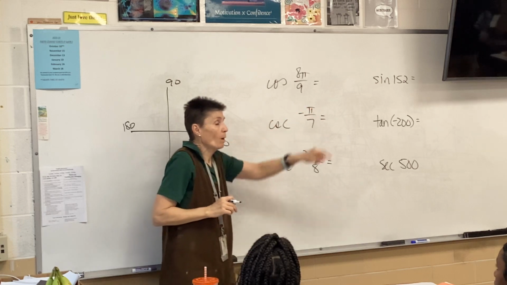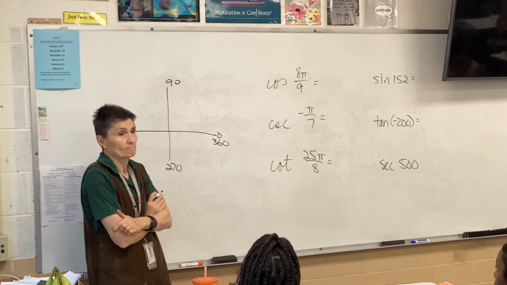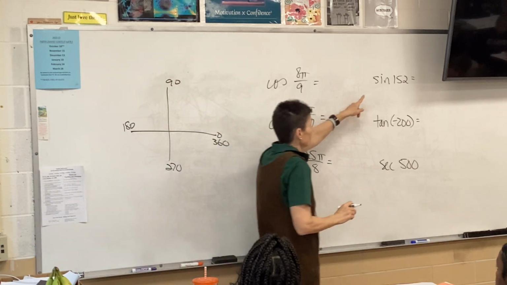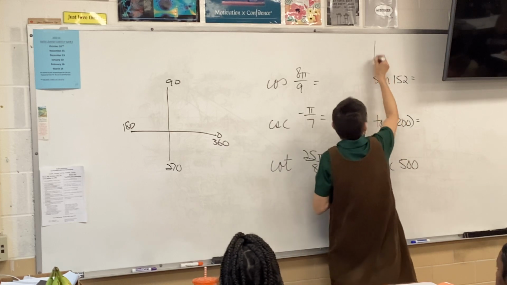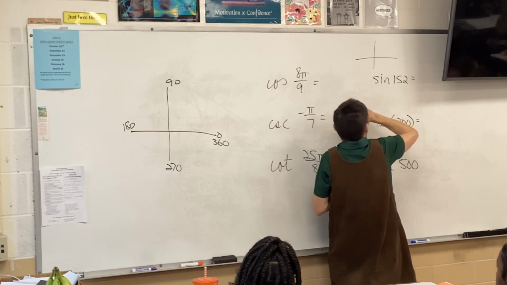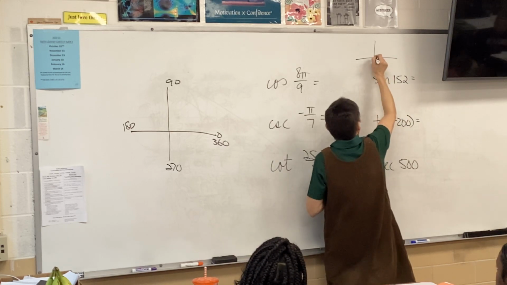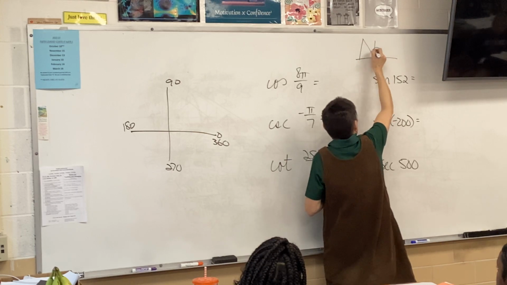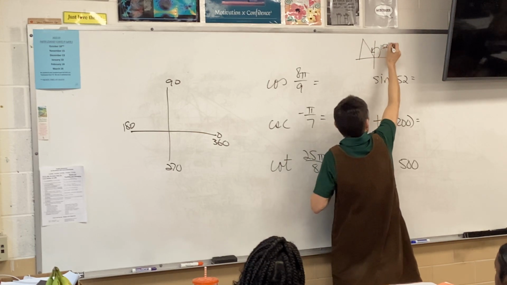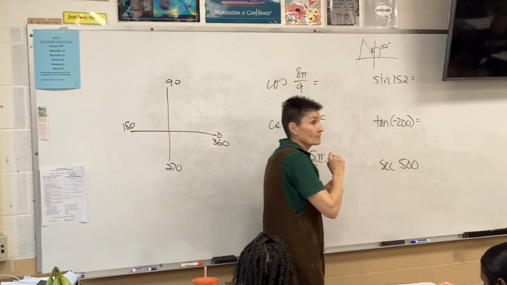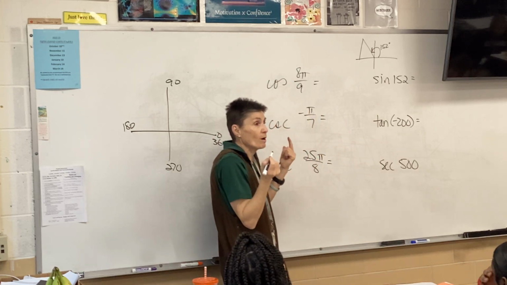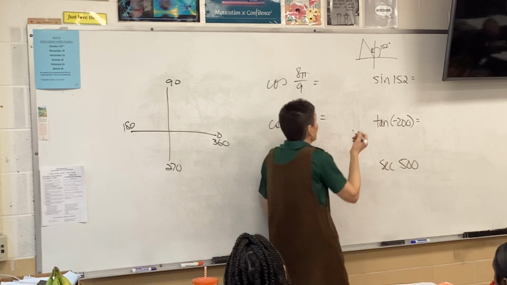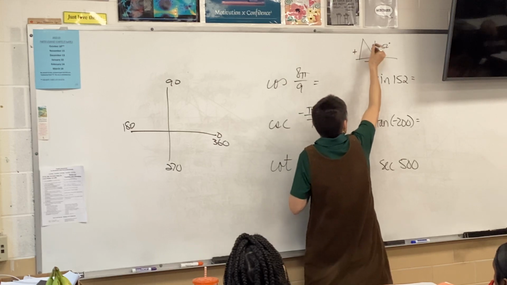So where is 152? 152 is in quadrant 2, perfect. This is 152 degrees, would you agree with that? So what do I know about my triangle in quadrant 2? I know negative, positive, positive.